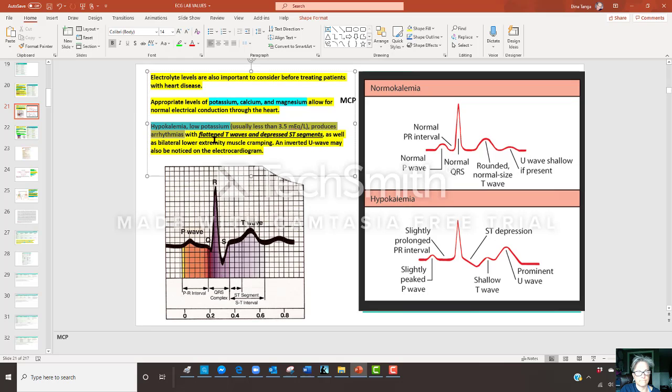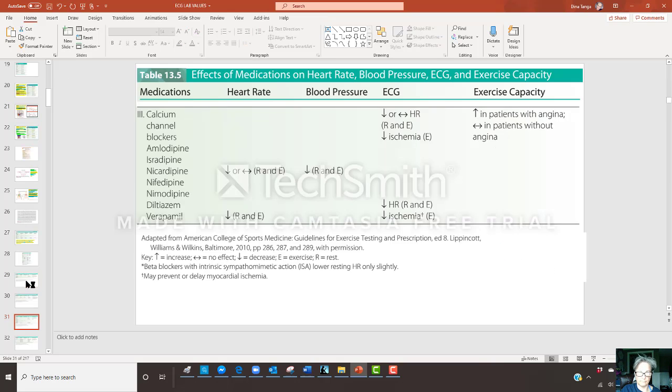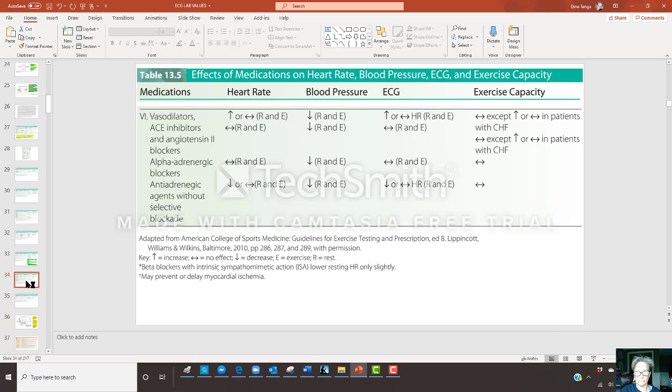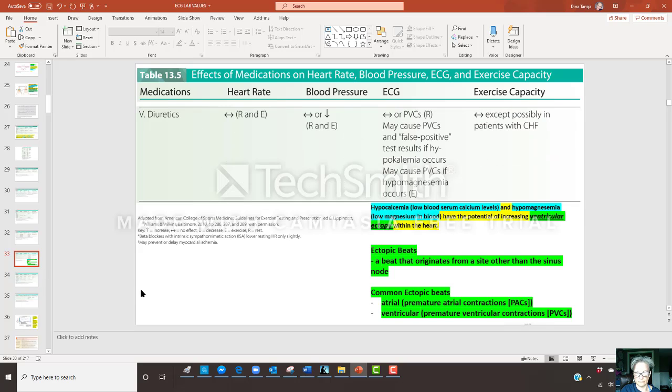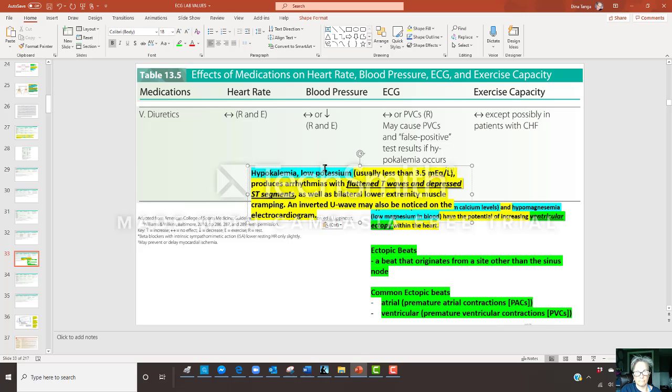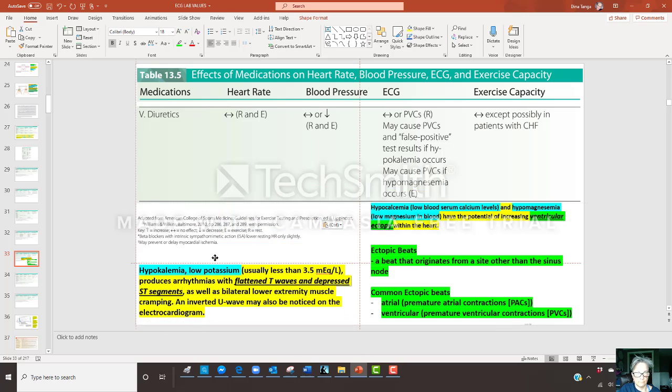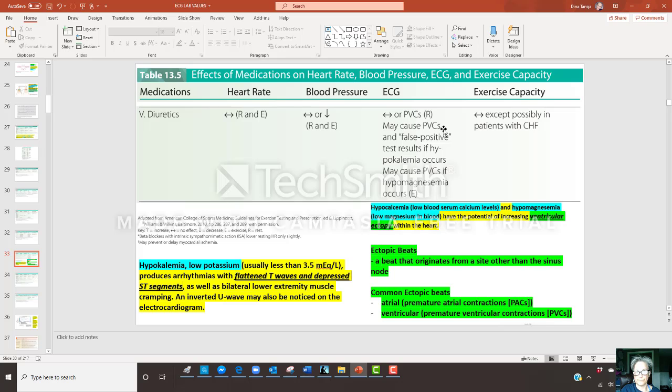Hypokalemia. May cause PVCs and false positive results if hypokalemia occurs.